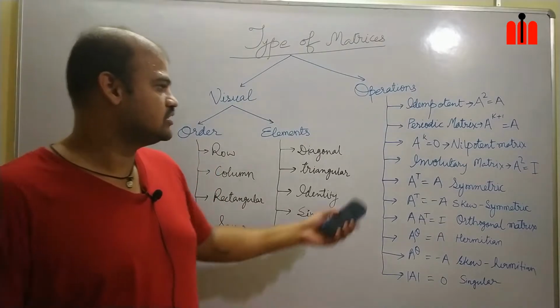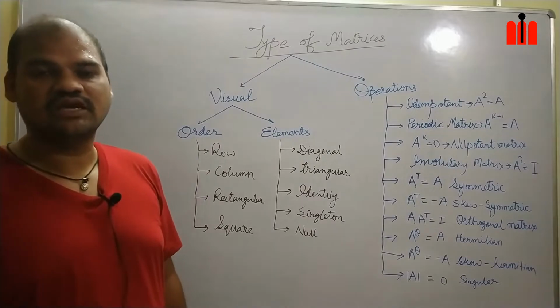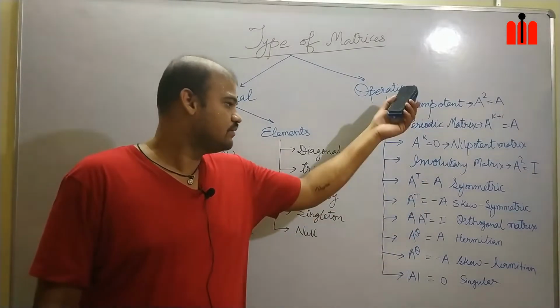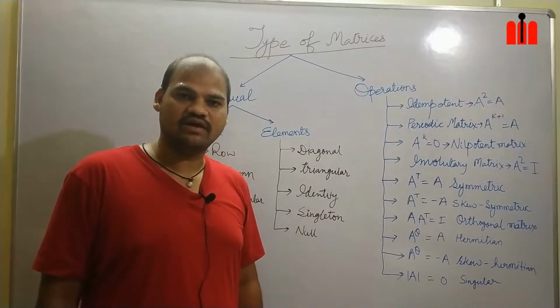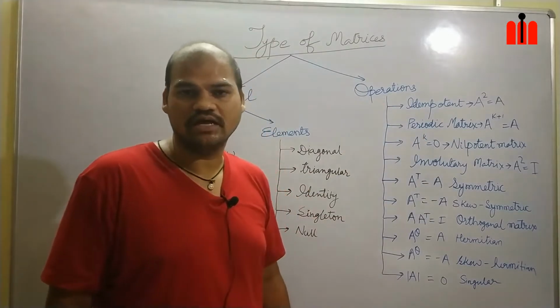These different types of matrices can be found by performing operations, which is why they are kept in the operations class.